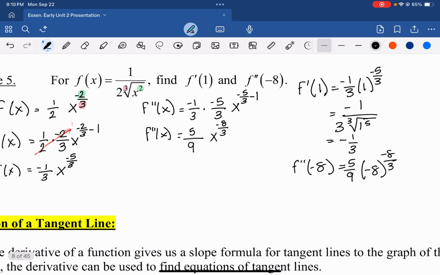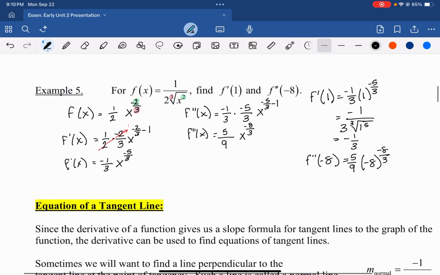Then you could plug that into the calculator and get your value. I'm just going to leave it just like that for now. So that's a way and a reason why we would take our derivative: to find values.